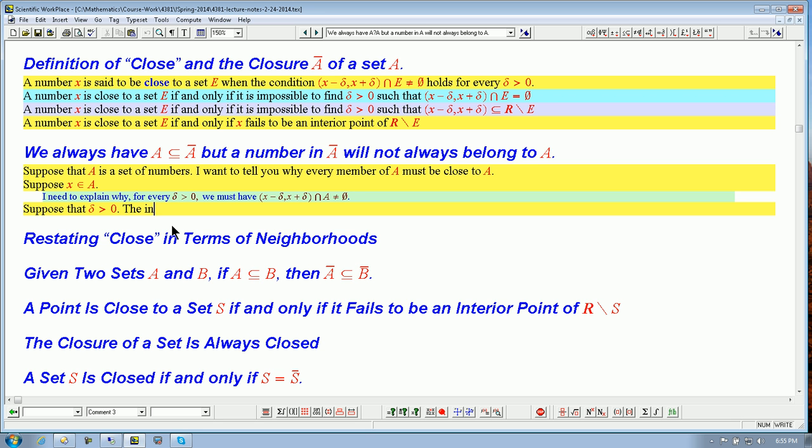Now, the interval center x radius delta contains the number x itself, which happens to belong to A. There's something that's in both. And so this intersection is not empty because I have an example of a number.